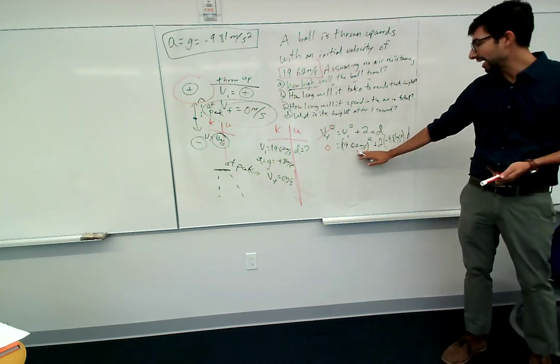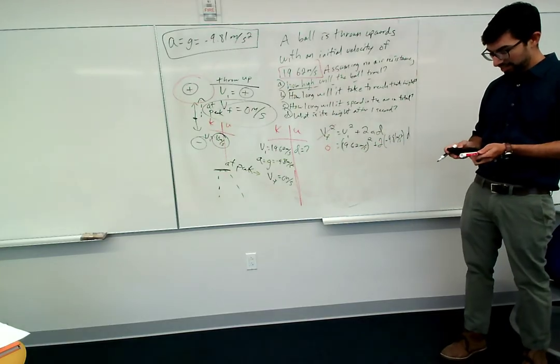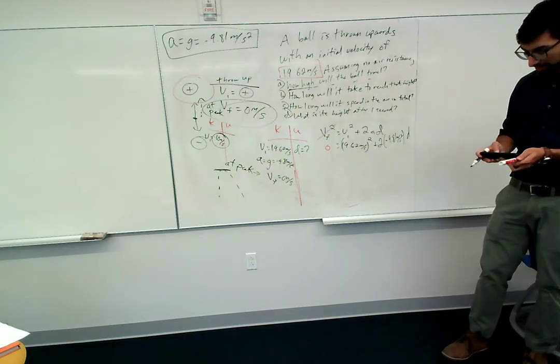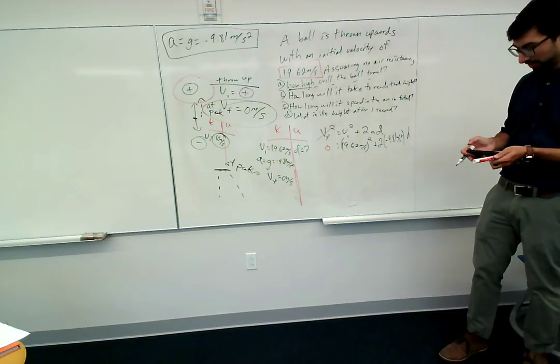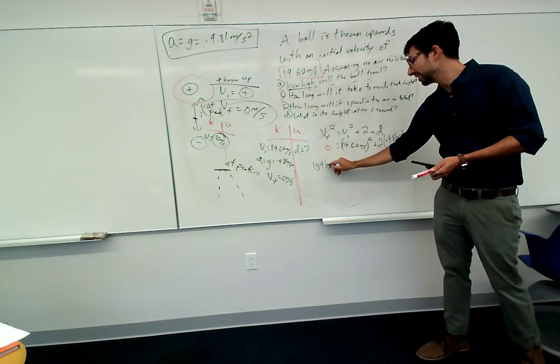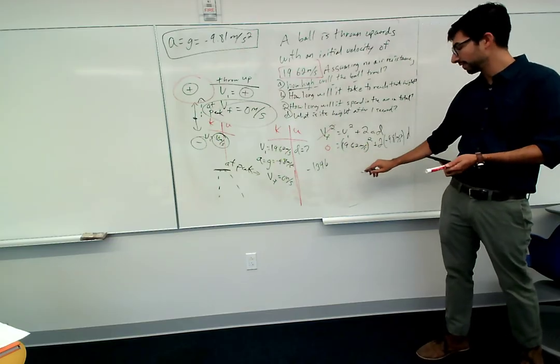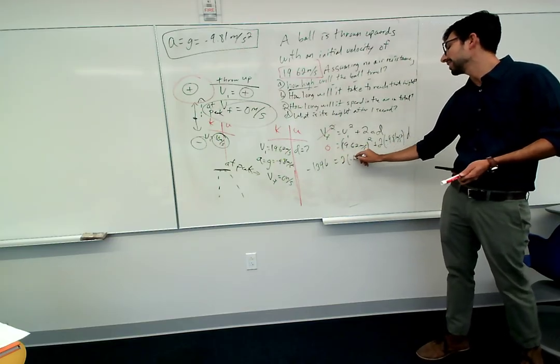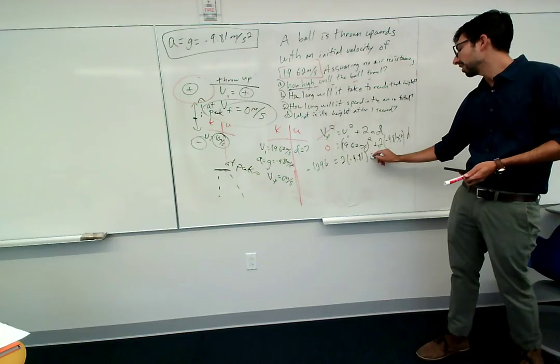And we can work that out. We subtract this to the other side. 19.62 times 19.62 is going to be equal to about 1,346. We subtract that to the side, so it's negative, is equal to 2 times negative 9.81 times d.